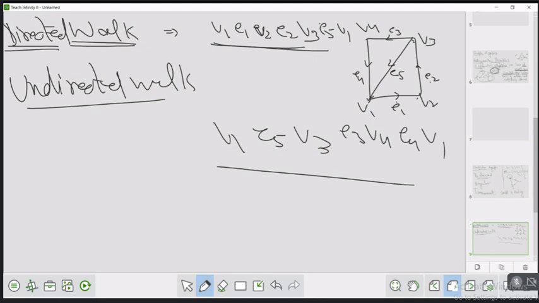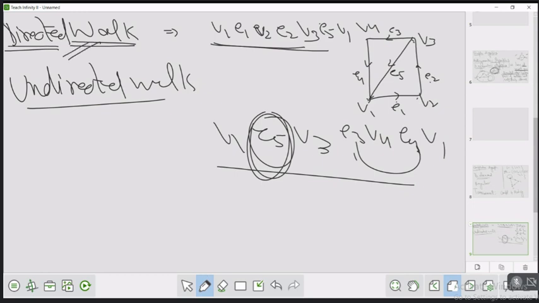So in this case, this edge has opposite direction, but these two edges have the same direction. So if at least one edge has opposite direction, then it is not a directed walk. Otherwise it is a directed walk.